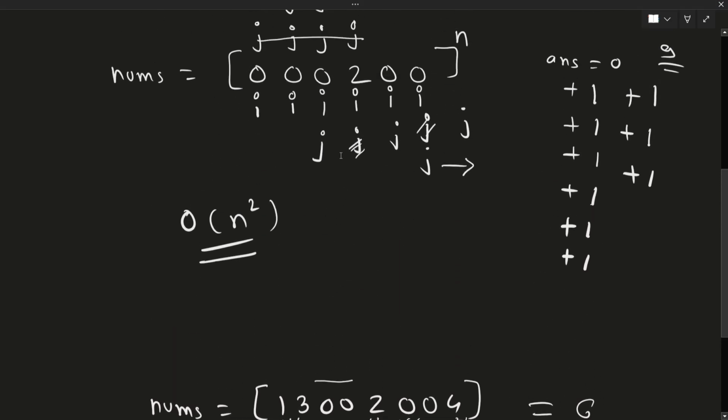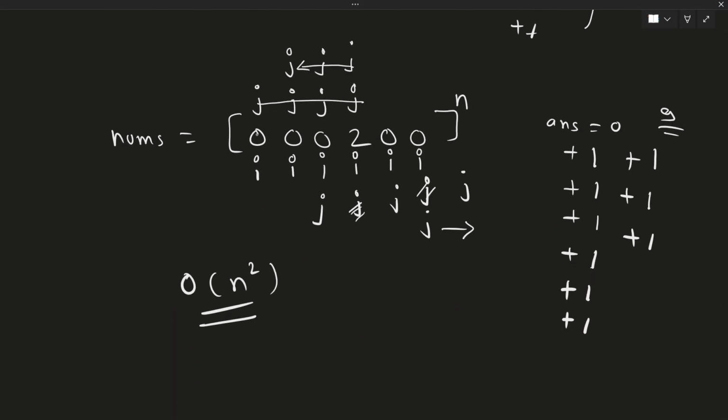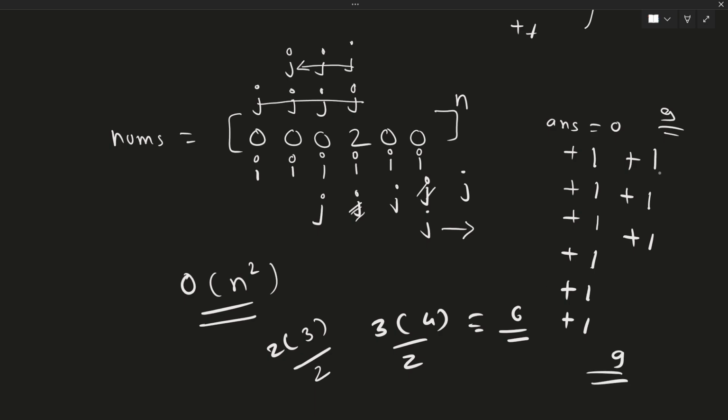Similarly, for this second example, the first part contains 3 contiguous zeros, so it would be basically 3 into (3 plus 1), which is 4, by 2, which would be 6. And then for this 2, we have 2 into 3 by 2, which is equal to 3. So the total would be 6 plus 3, which is 9, which is indeed our answer.